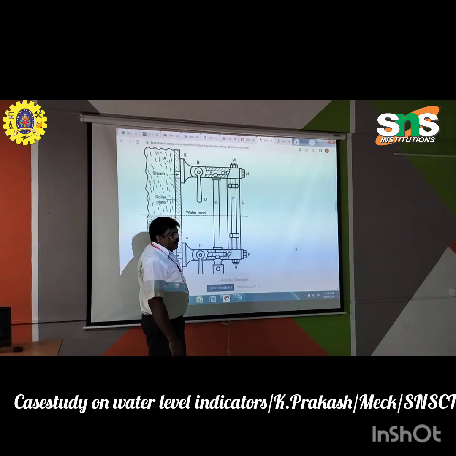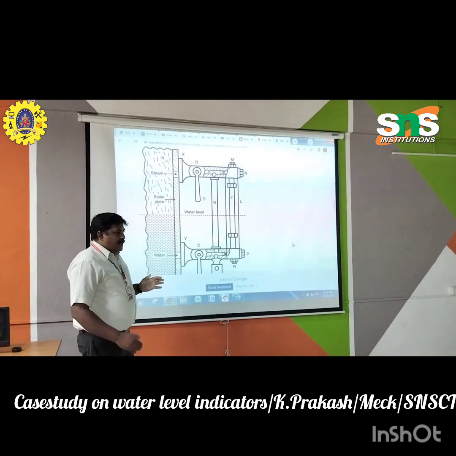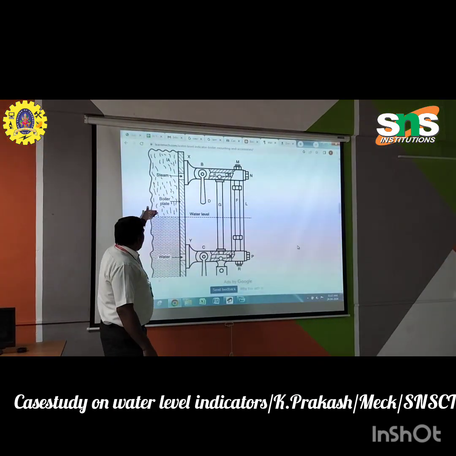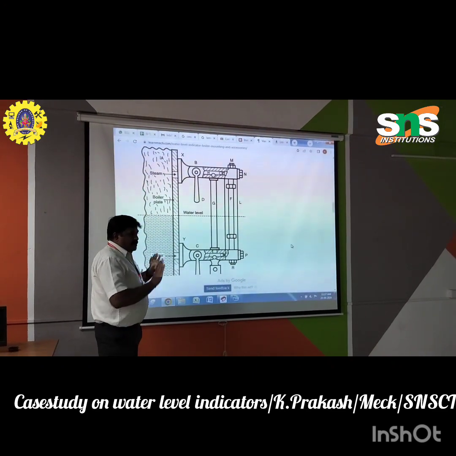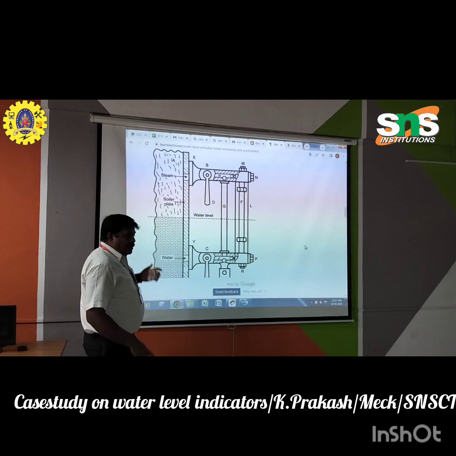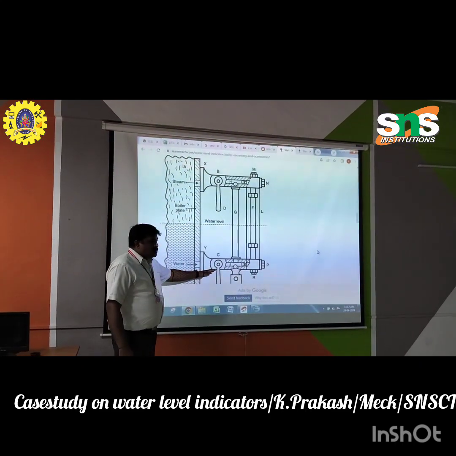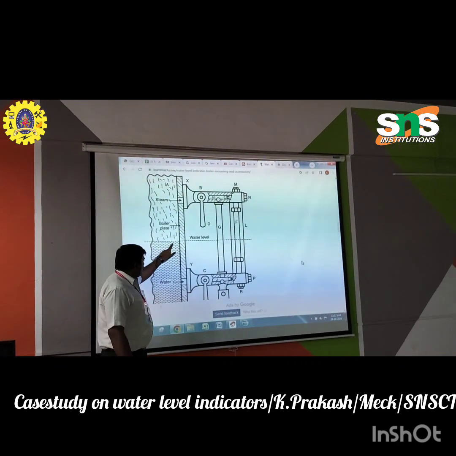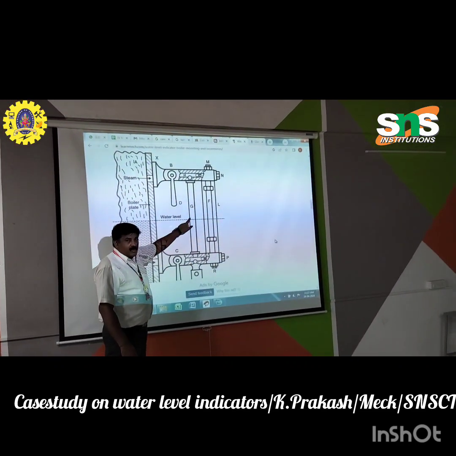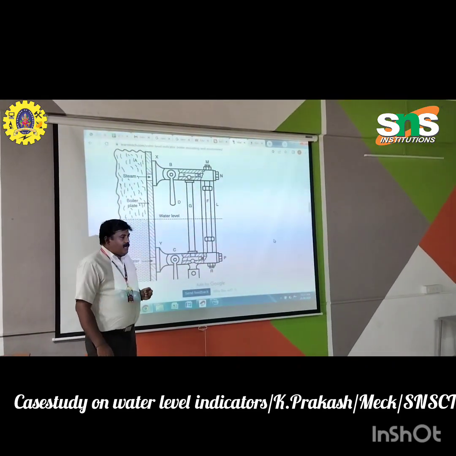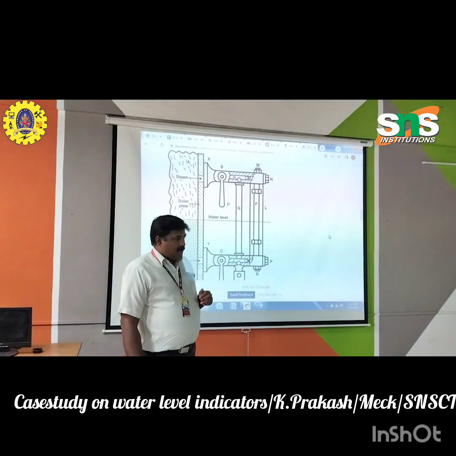Without opening the boiler or going inside, by seeing the outside itself, we can see the amount of water. In some cases, when the valve is closed and we don't know the exact level, this can be opened, then a direct connection takes place and water will come here. This is the real-time setup in boilers.